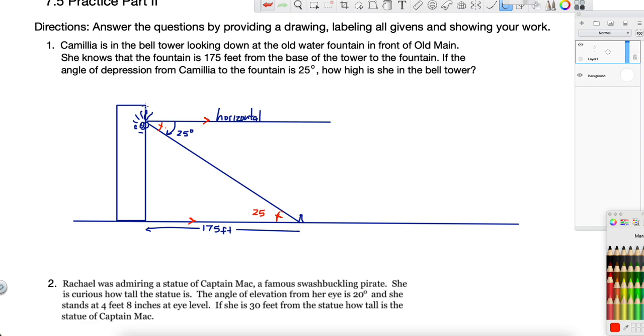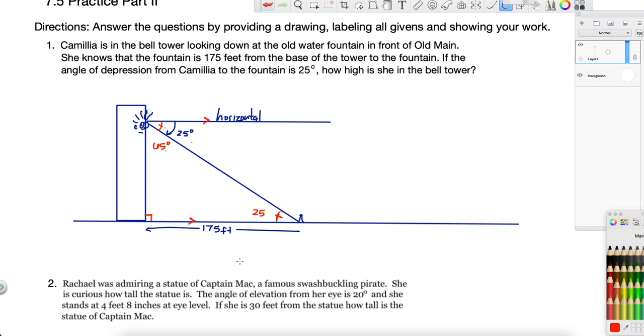We could also say this is a vertical line, the bell tower, and this is horizontal, so these two angles have to be complementary, which means they add up to 90. So 90 minus 25 gives 65 degrees. And we also know that this angle is a right angle, assuming this is vertical and the ground's horizontal.